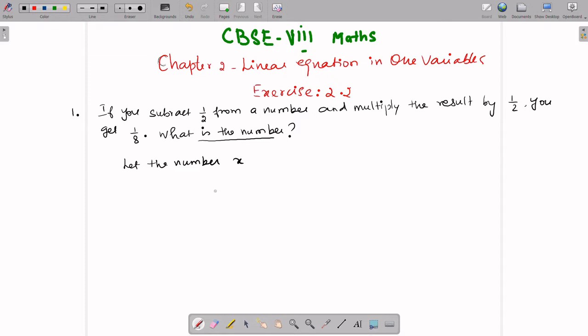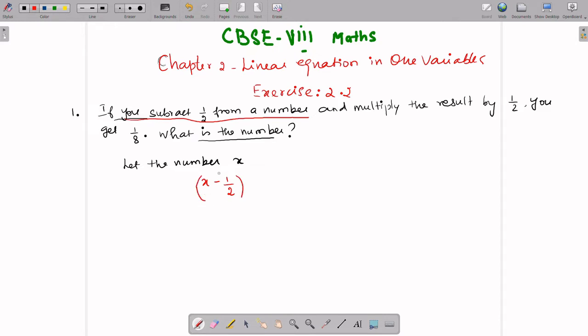After that, what is our condition given? If you subtract 1 by 2 from that number, you have to subtract 1 by 2 from this number and multiply the result by 1 by 2. Since the result after subtracting is not a whole number, you have to put a bracket.